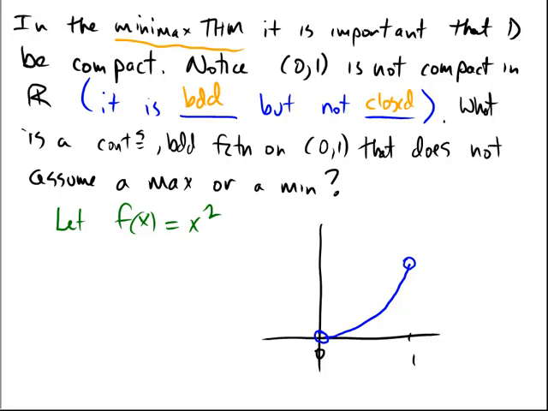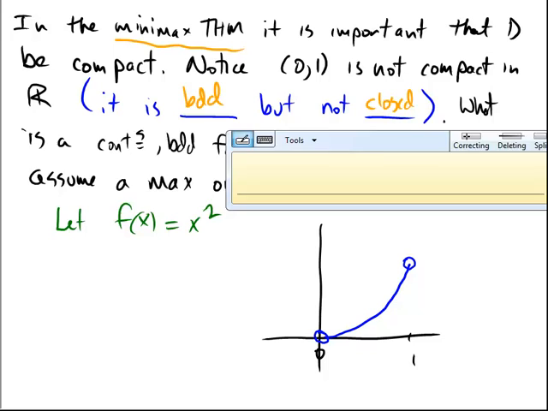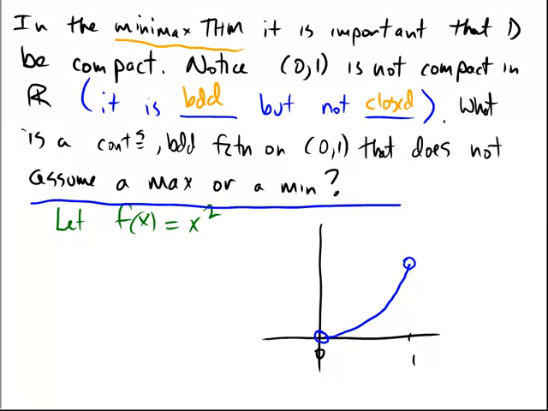We get 0.99, 0.999, 0.9999999, technically squared, but we get really, really close to 1, but we never hit it. We never actually hit the maximum. And similarly, on the left, we get really, really close to 0, but we never quite hit it. We're never going to hit our min.